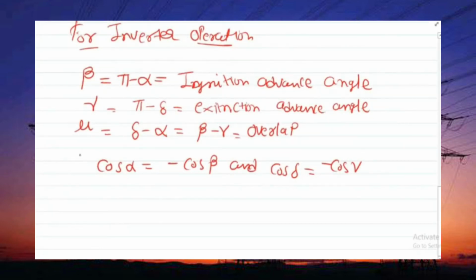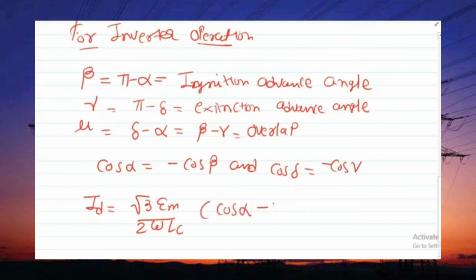Also, we know for rectifier operation, the value of DC current is given by ID is equal to root 3 EM divided by 2 omega LC, multiplied by cos alpha minus cos beta.